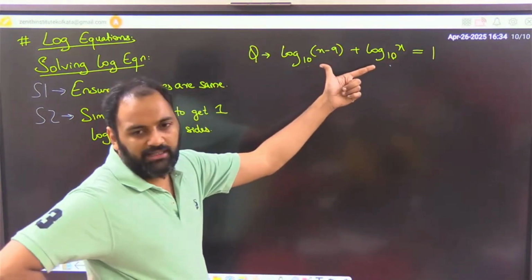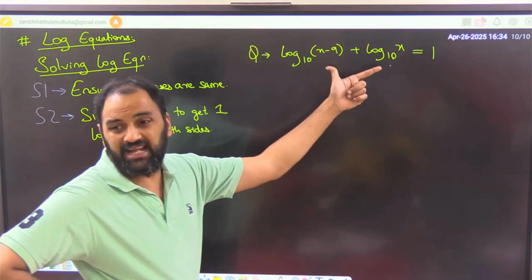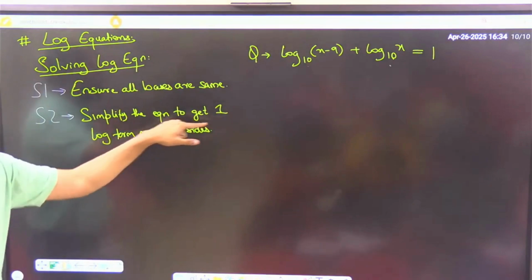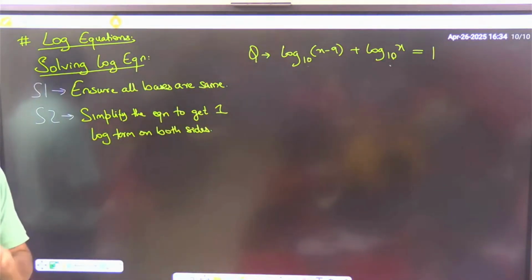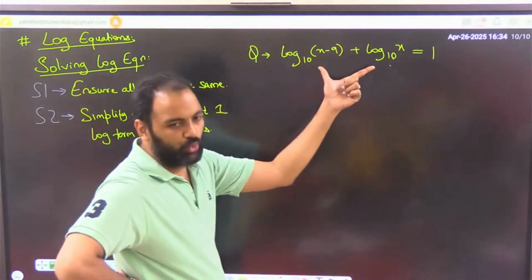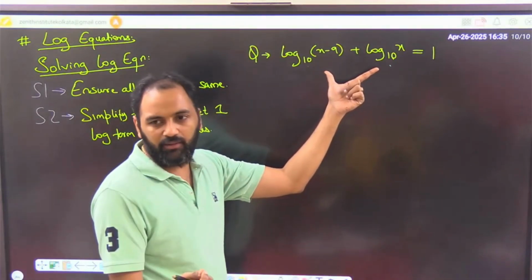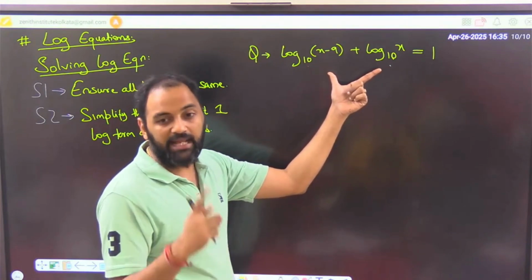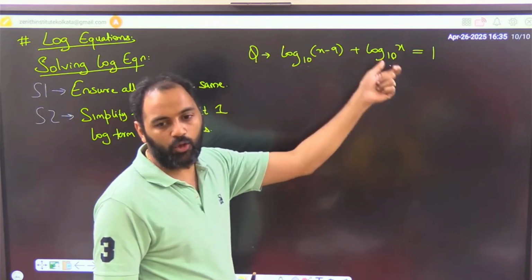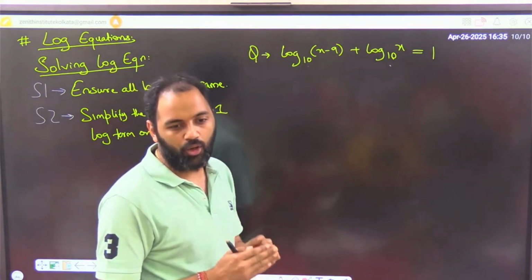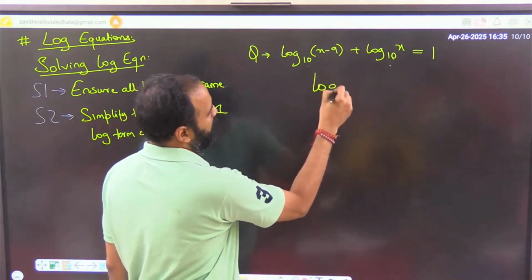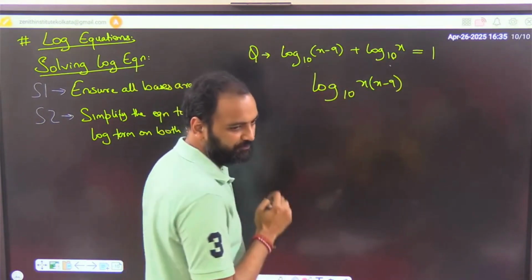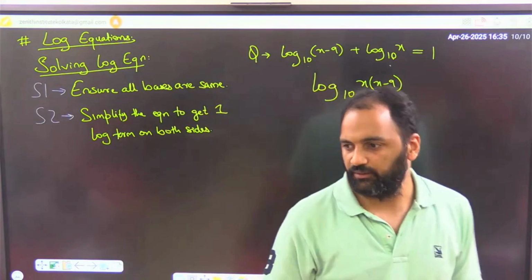On the left hand side over here, how many log terms do we have right now? 2. But how many do we need eventually? Only 1. So how do we convert these 2 log terms into 1 log term? We apply the property that log A plus log B would be log AB. So log of x into (x minus 9) to the base 10.